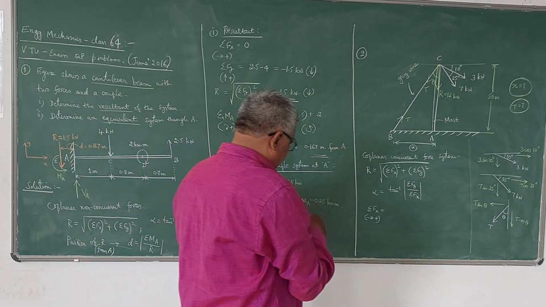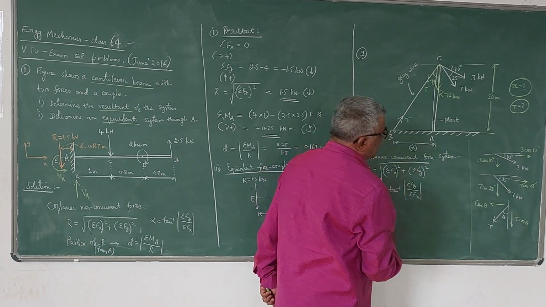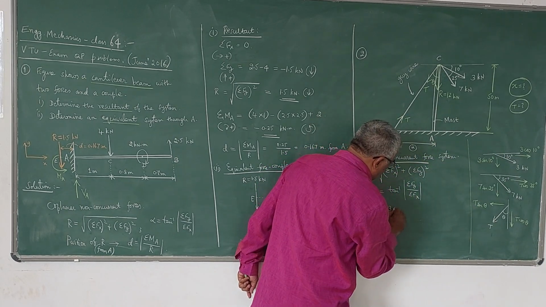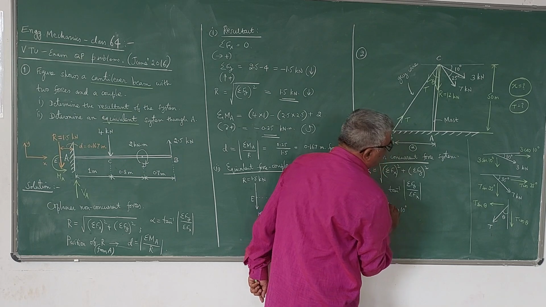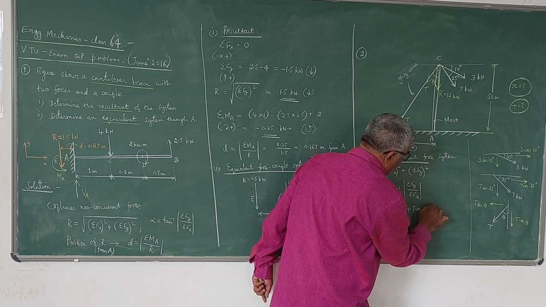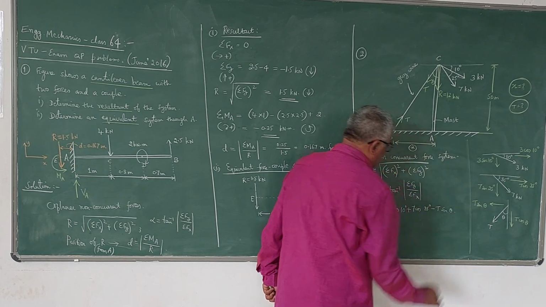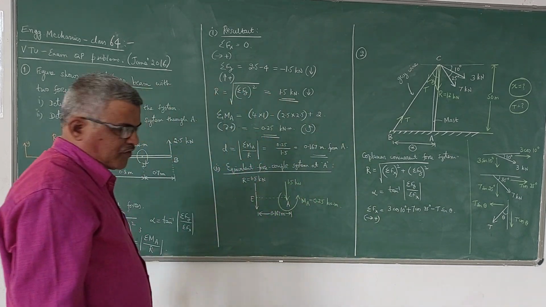Now let us find sigma Fx for this. I have taken forces acting towards the right as positive. So 3 cos 10 degrees is positive, plus 7 cos 35, and this is minus T sin theta. So this is what sigma Fx is.